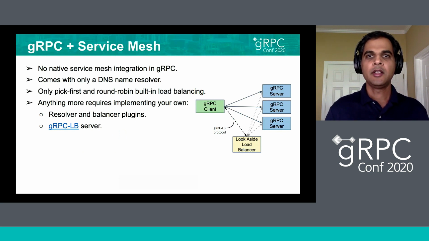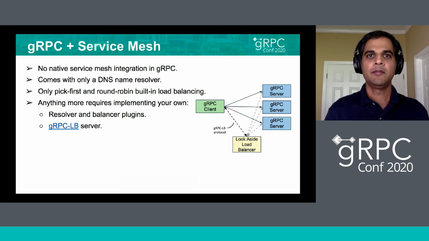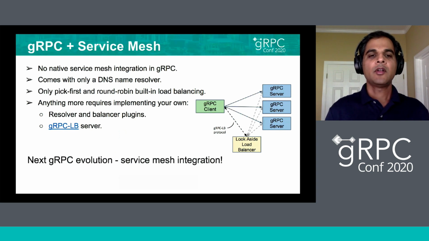But unfortunately, there is no open source implementation available, so you will have to build your own such controller. Also, this protocol is very basic, and I would say it won't get you anywhere close to what a service mesh provides. So instead of evolving this protocol, it made sense to integrate with existing mesh technologies.